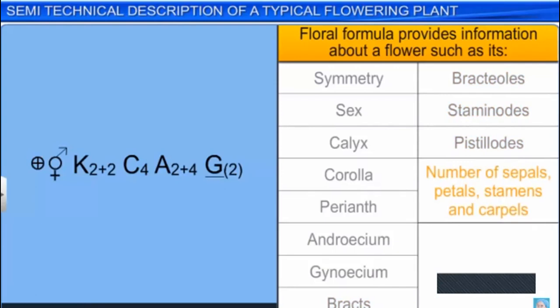The formula also explains cohesion and adhesion within parts of whorls and in between the whorls with the help of symbols.